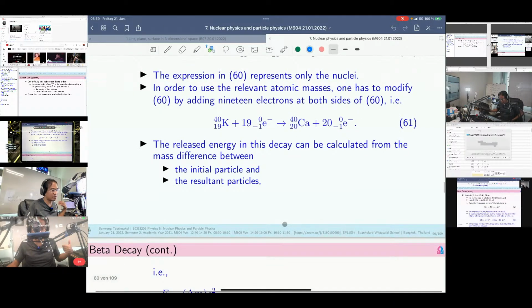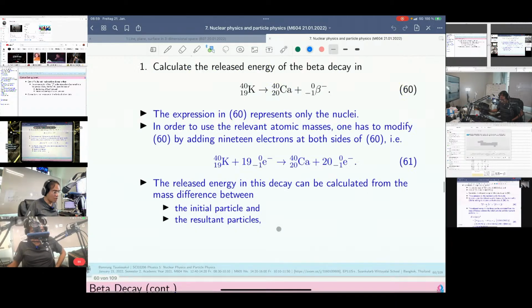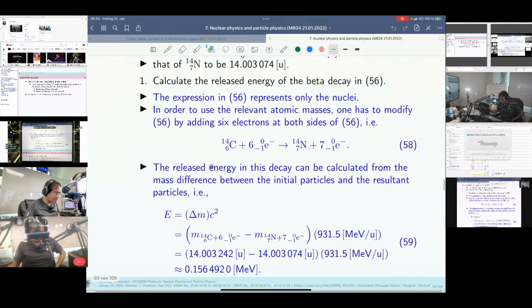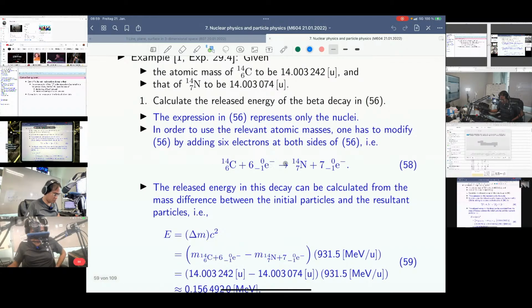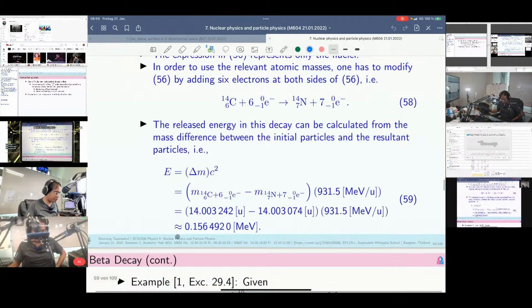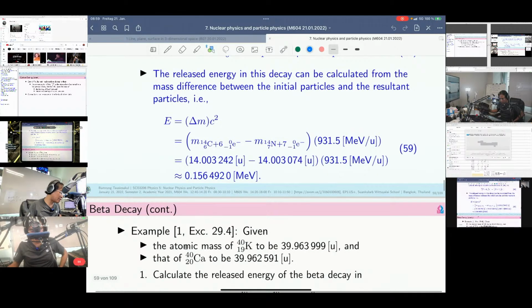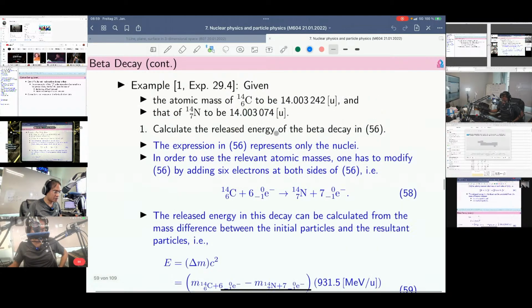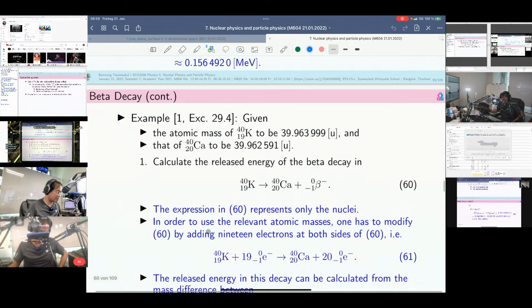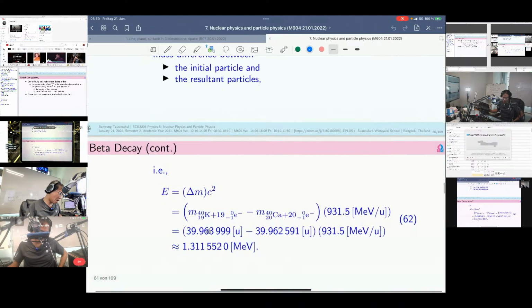Let's compare for a small nucleus like carbon-14 or nitrogen-14. We got an energy of 0.1516 mega electron volts. But once we go to the bigger nucleus, like potassium-40 to calcium-40, where the number of neutrons changes from 14 to 40, we get a released energy of 1.3 mega electron volts.